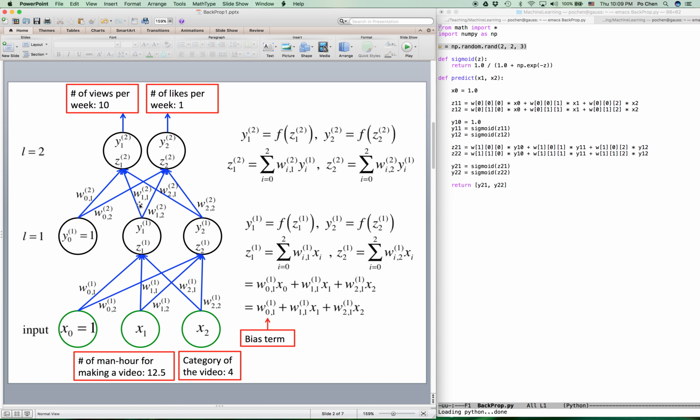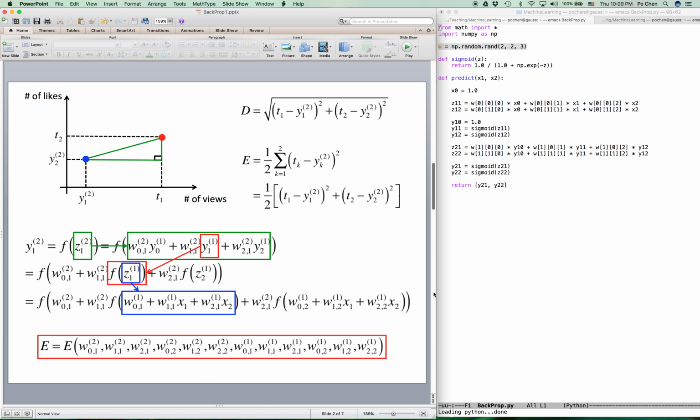The input along this connection is y11, and along this connection is y12. So Z21 is just a weighted summation of these 3 inputs, with the weights given by these 3 weights. So Z21 equals this particular summation.